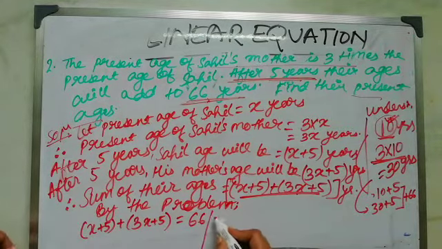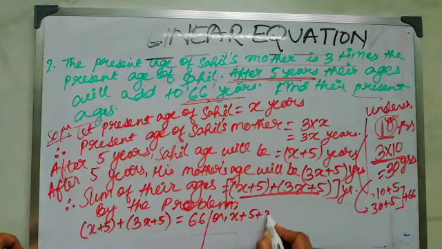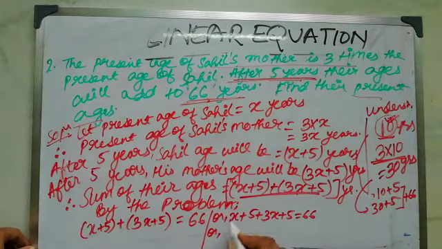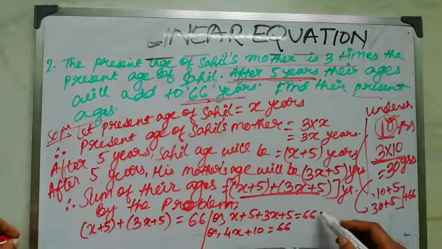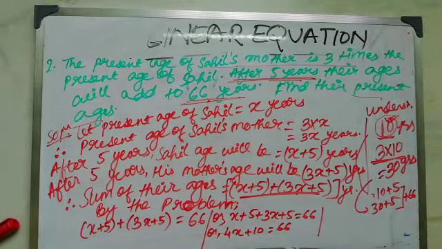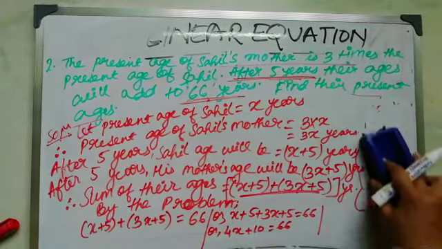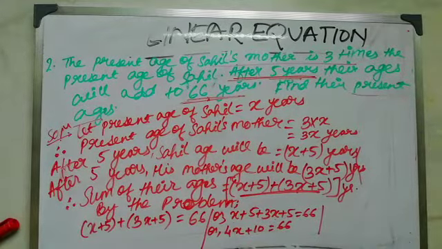I will open the bracket: x plus 5 plus 3x plus 5 is equal to 66. Now see, x and 3x are like terms, so 4x plus 10 is equal to 66. Fine. Any problem, any confusion? If you are facing any confusion or any doubt, do comment in the comment section.